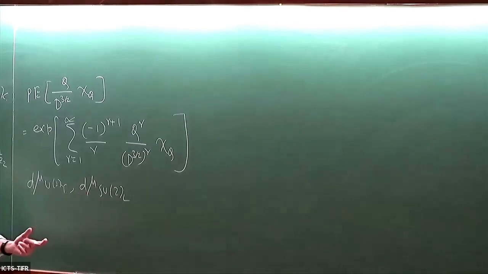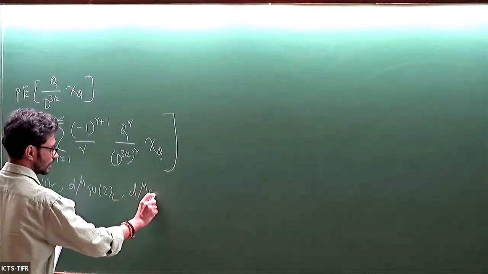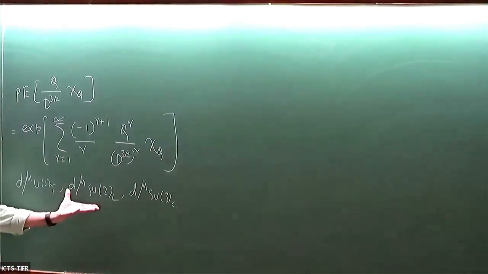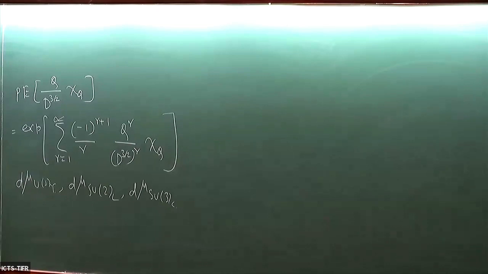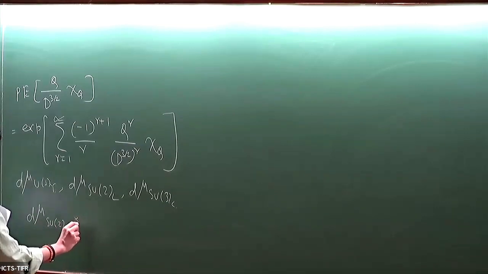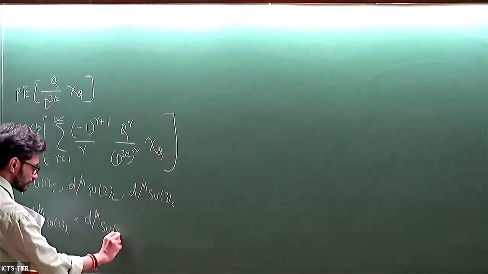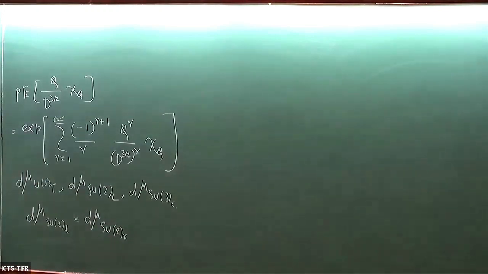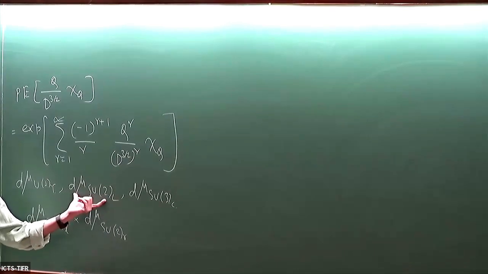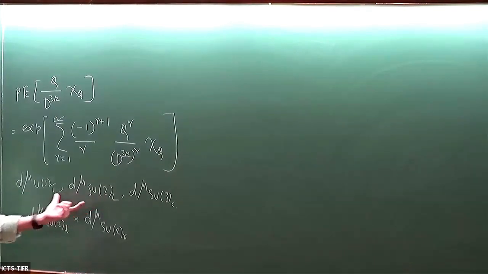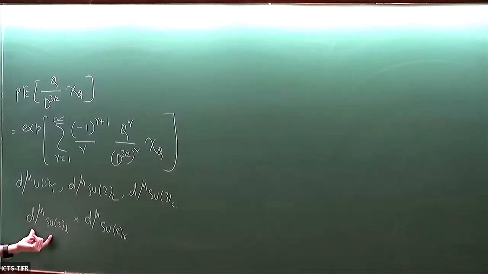So that's why it is useful information. Once you write down the measure for internal symmetries, now when you are writing for the space-time symmetries, you write down d mu SU2L times d mu SU2R, right? So once you know the measure for d mu SU2L, this internal symmetry, you don't need to calculate the measure for this thing. The only thing you have to change is the torus coordinates.